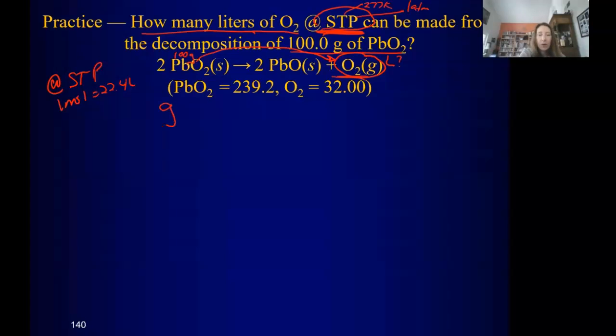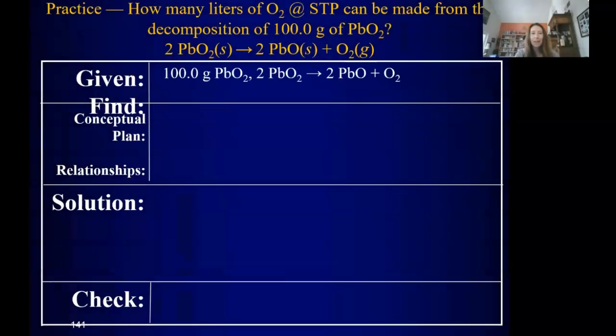Well, if I have a gram, I can convert that to moles, do a little mole ratio to oxygen, and then use this lovely little conversion here. Makes our problem a lot easier. Or we could do PV equals nRT, mole ratio, and then another PV equals nRT, but let's do the shortcut way.